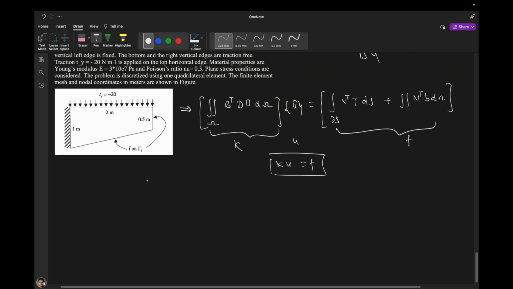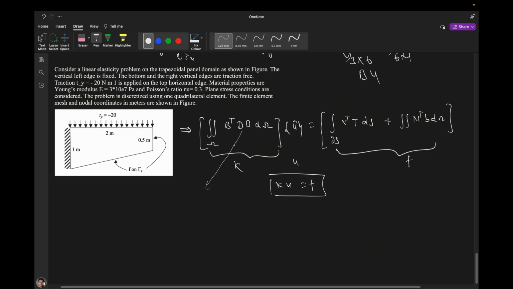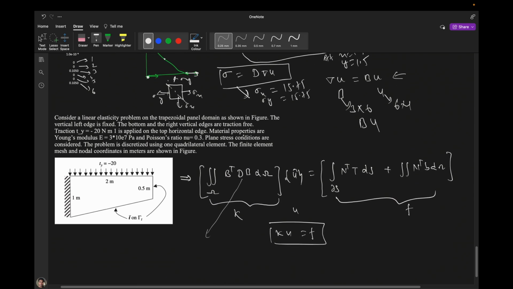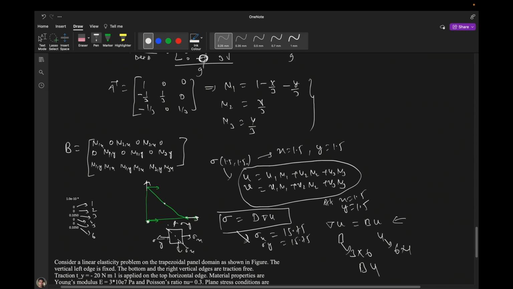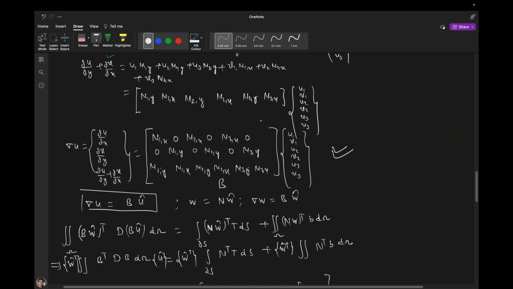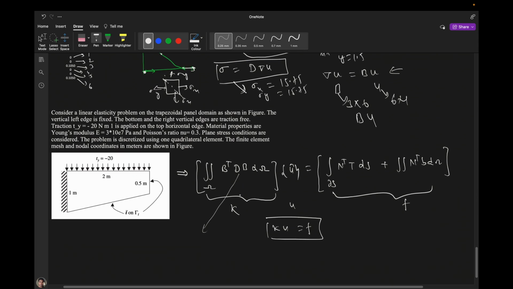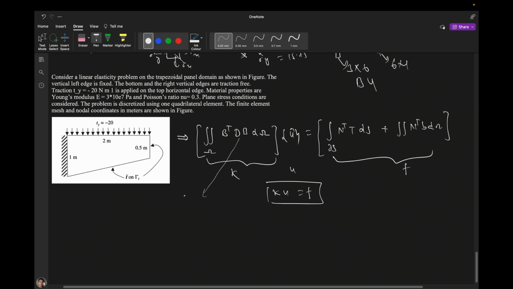Where B, we already saw what is B, and D is the constitutive equation, and B already we saw what is B. This matrix is B, and everything is already known.